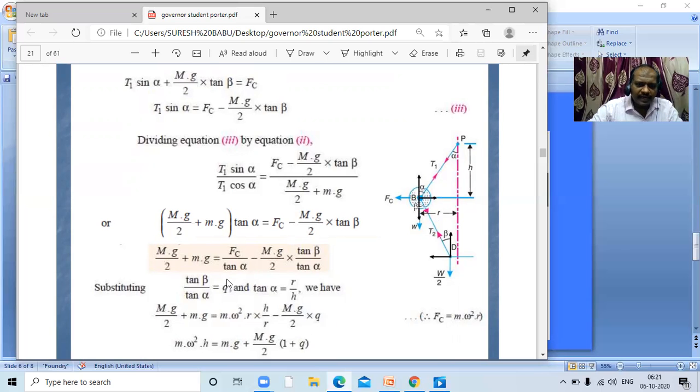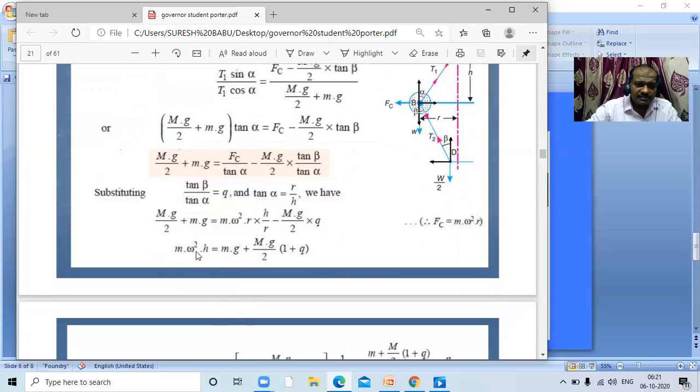Q is equal to tan beta by tan alpha. So by using this relation, small m omega square h is equal to mg plus capital Mg by 2 into 1 plus q.